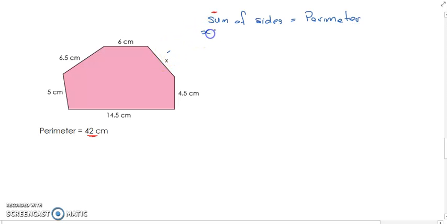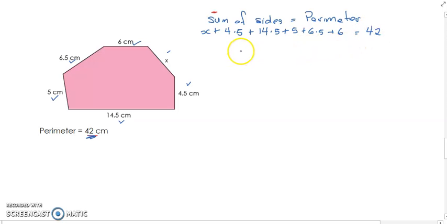We would have x plus 4.5 plus 14.5 plus 5 plus 6.5 plus 6. When we add all of them, which is all the distance all the way around, we're going to get the perimeter, which is 42.